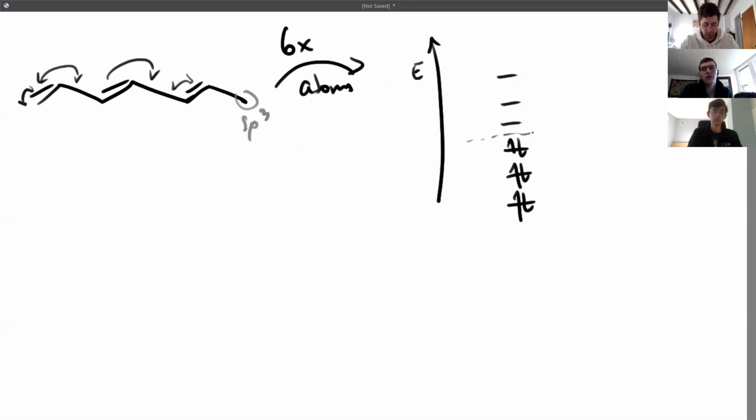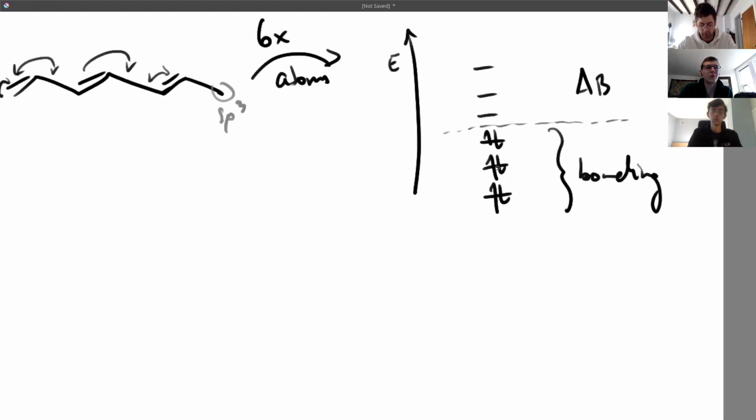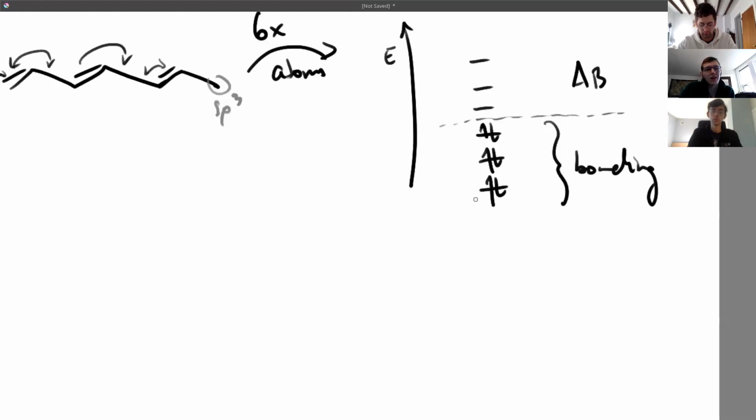We draw a line halfway through, say that all of these are bonding, and these are anti-bonding, which I'm always too lazy to write, but I'm never too lazy to write bonding for some reason. Okay, and then there's 0 nodes, there's 1 node, 2 nodes, and so on.